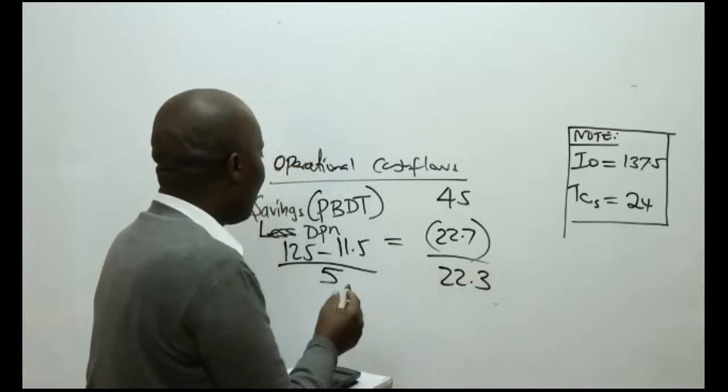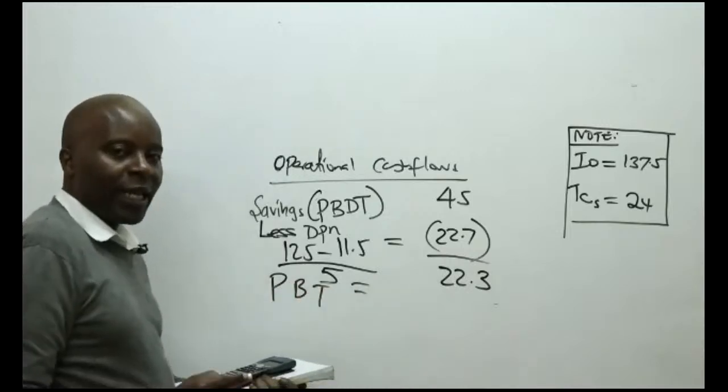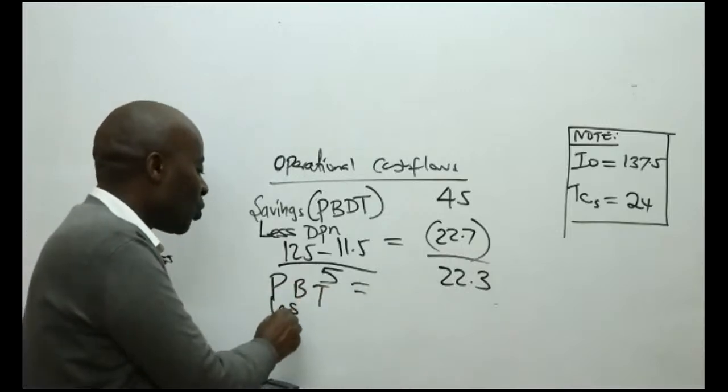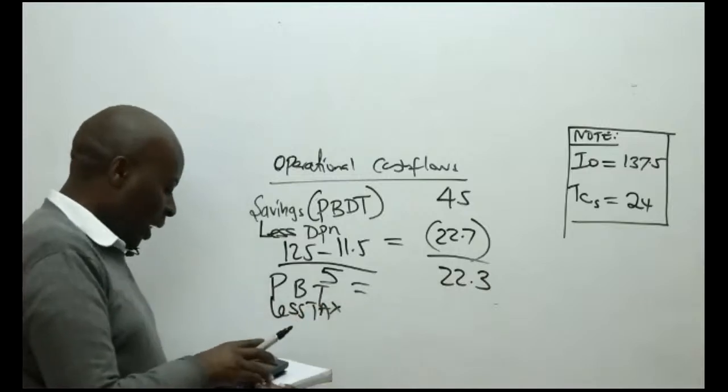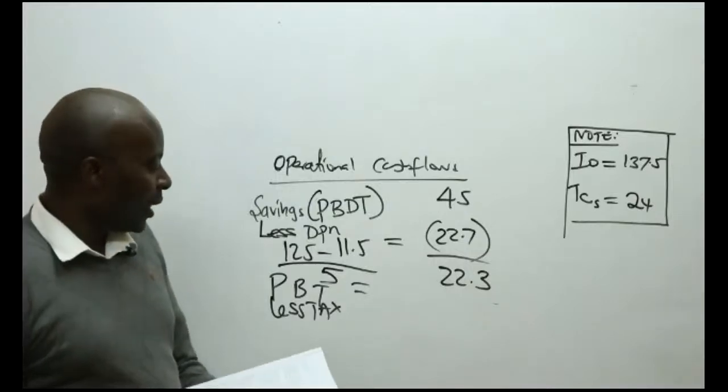This is my profit before taxation. Once I get profit before tax, I come and less tax. The tax rate given in the question, ladies and gentlemen, is 30%.